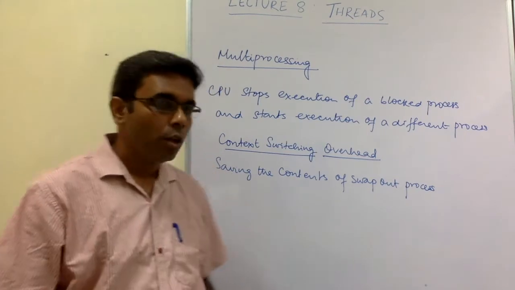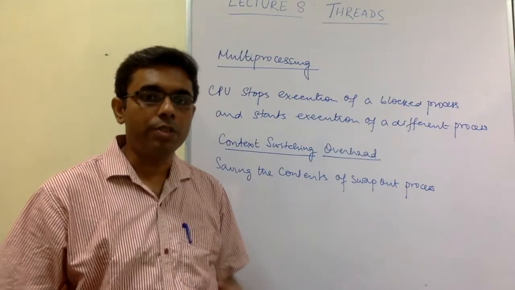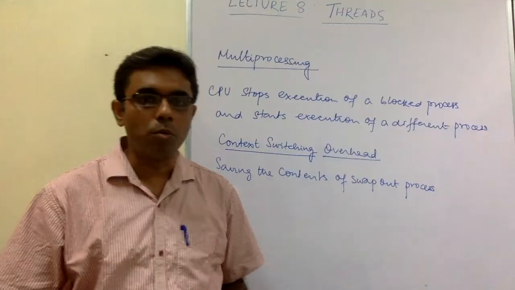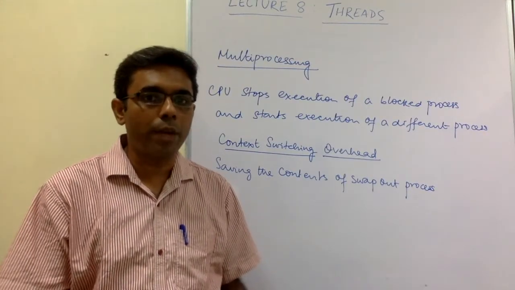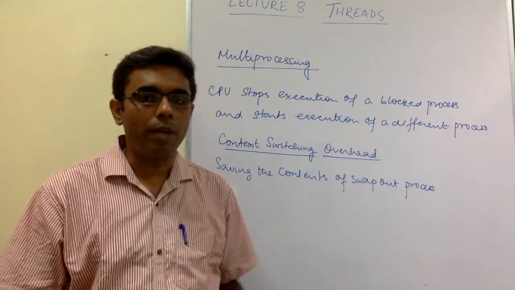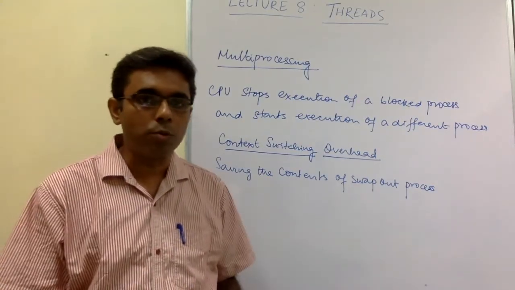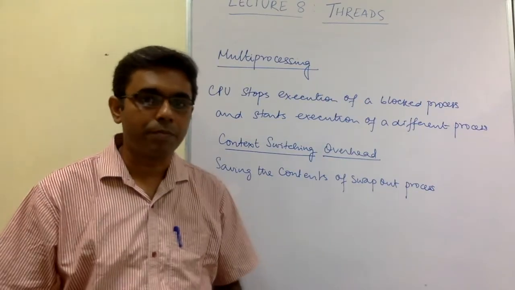What is that? Whenever a process is taken out of execution, its state needs to be saved. When it was executing on the CPU, the registers had some values stored. Whenever a process is taken out of execution, those values currently held in the CPU registers need to be saved.